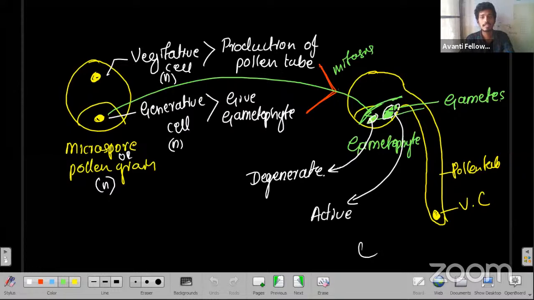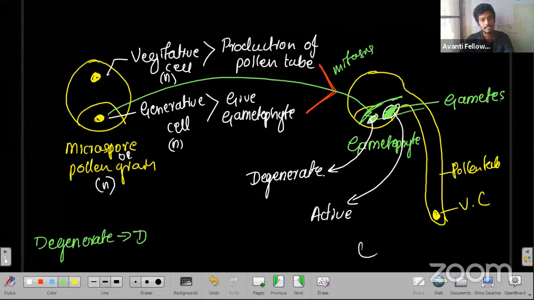Gametophyte means a three-celled pollen grain, which contains the gametes, Akshay. So I will write here the meaning of degenerative: disintegration within the body, by the body itself.